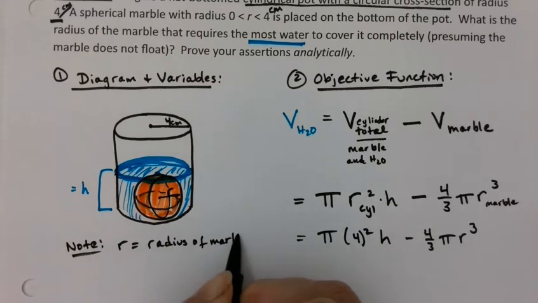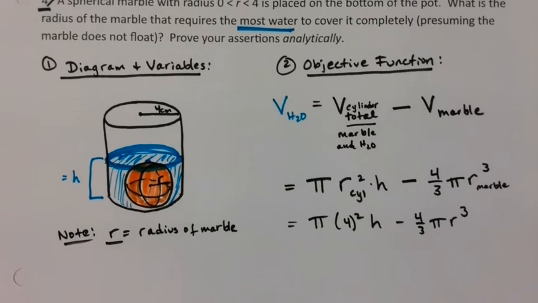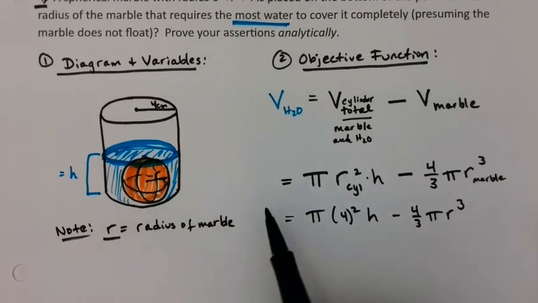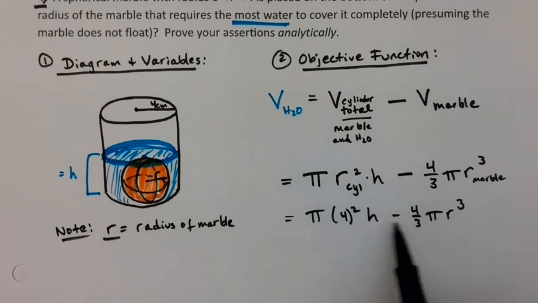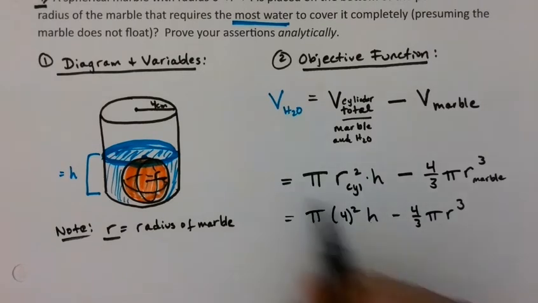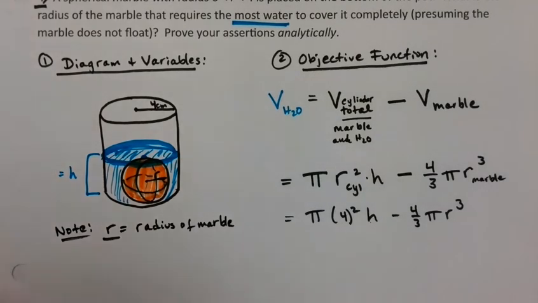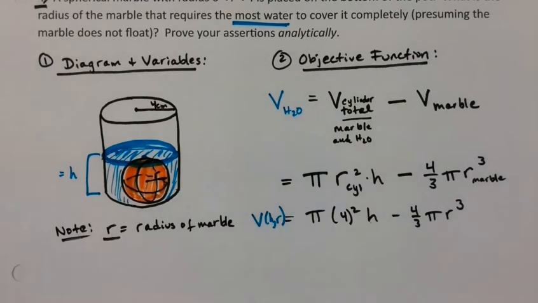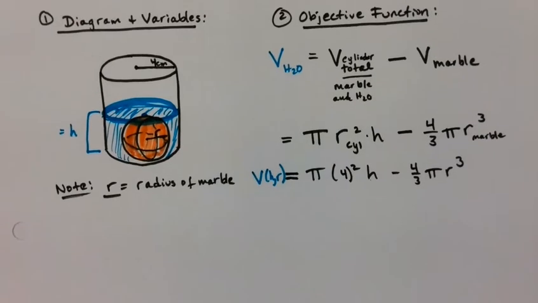We'll just put that. That's our variable. So far I have a volume function, but it's a volume function with two variables, h and r. So this is the volume of the water. It's V of h, r. I finally have my objective function. It has too many variables, but it works.